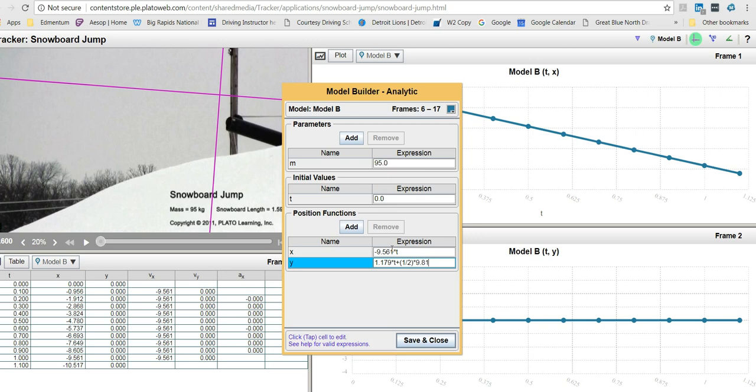We'll hit times t, then use a caret key.